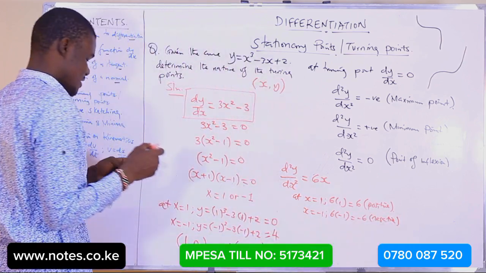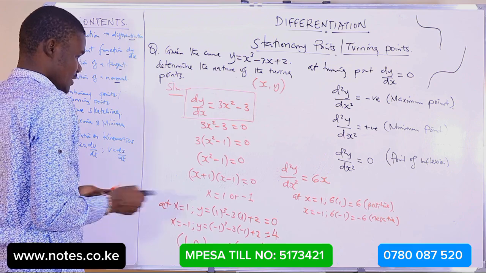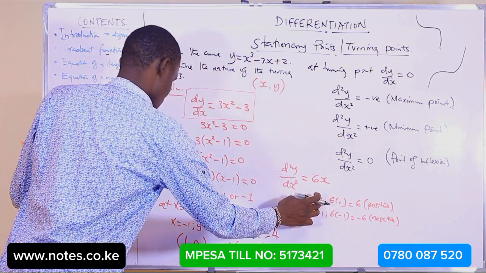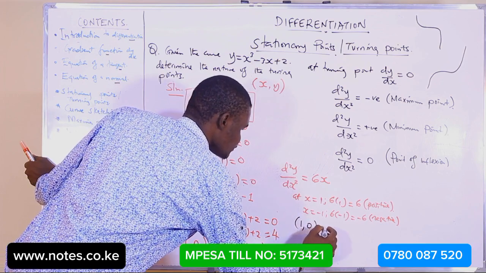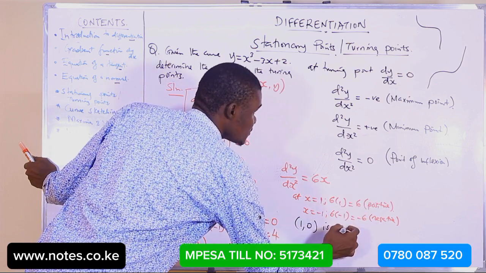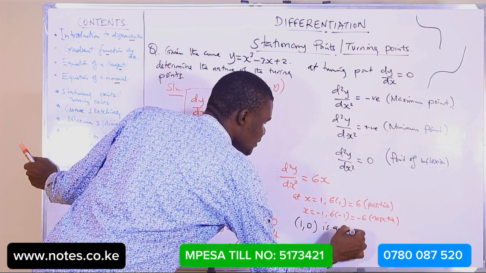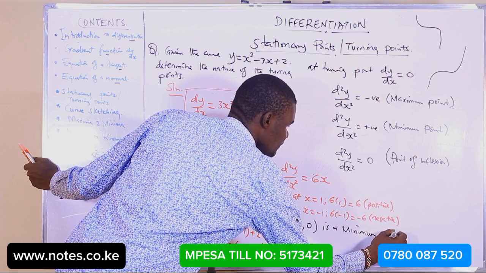So therefore, you can say that this point (1, 0) is, because it is a positive, a minimum point.